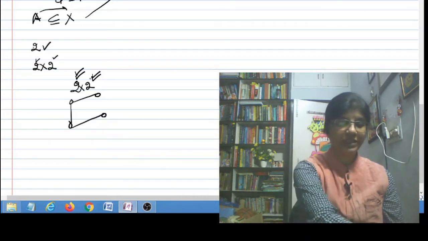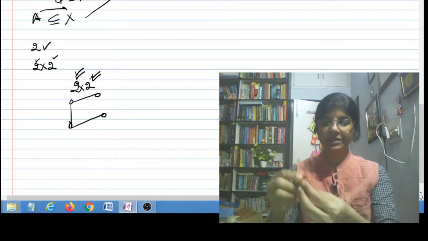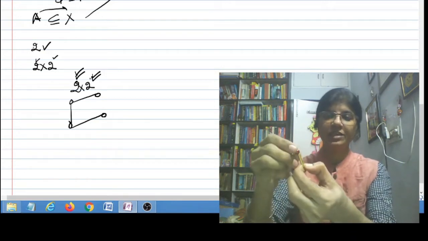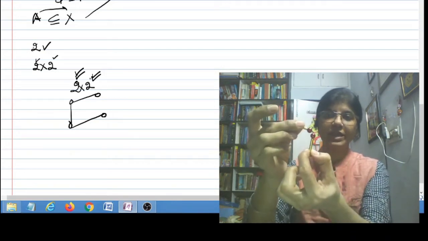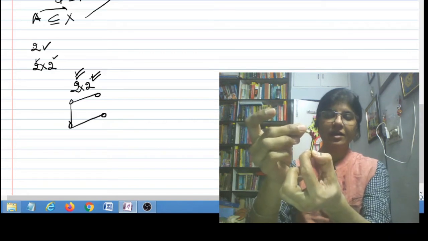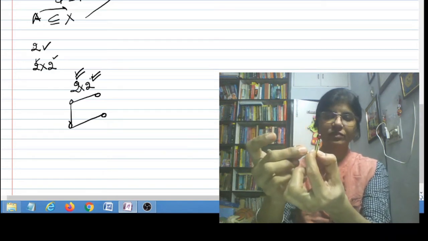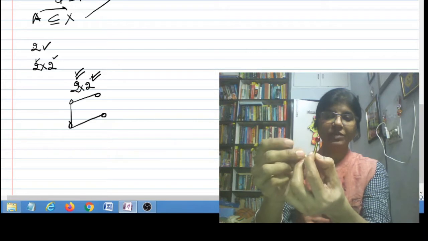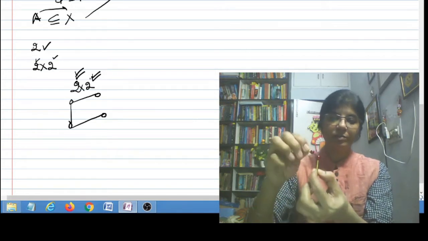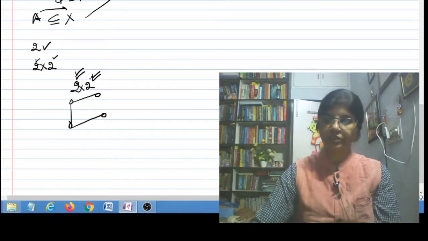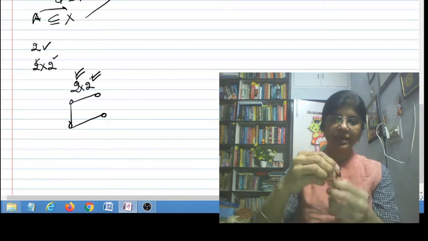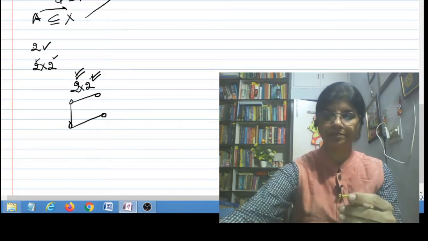So I take this chain of two elements, and at this vertex I place the chain of two elements, and at this vertex I place the chain of two elements. Because this vertex is a common vertex, the Hasse diagram would look something like this.